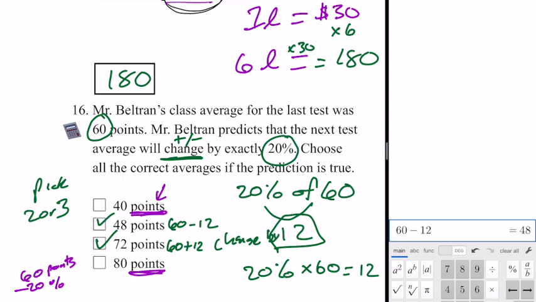If you said 60 minus 20, guess what that equals? That equals 40. Hey, I got 40 points. But you cannot subtract points from percents. They are not the same. That's like trying to combine an X with a Y. They are different. Hint, hint right there. And guess what the 80 is? 60 plus 20 gives you 80. You can't do those. They are different.